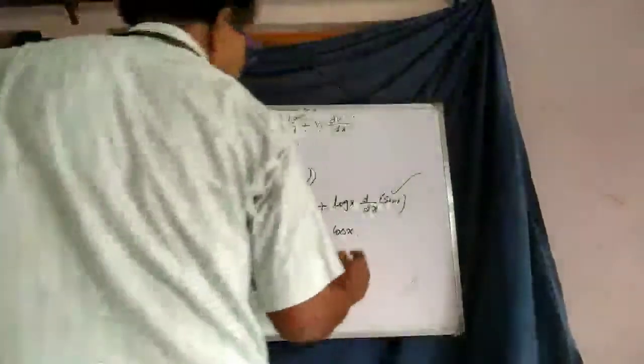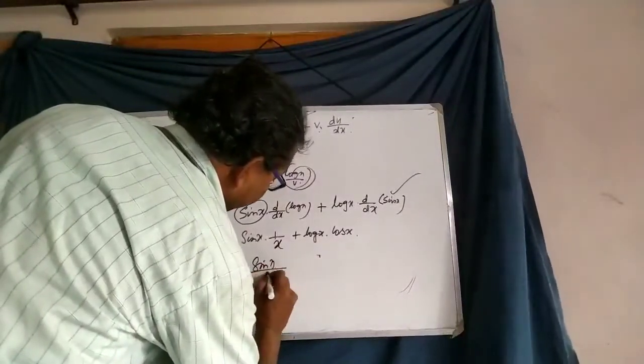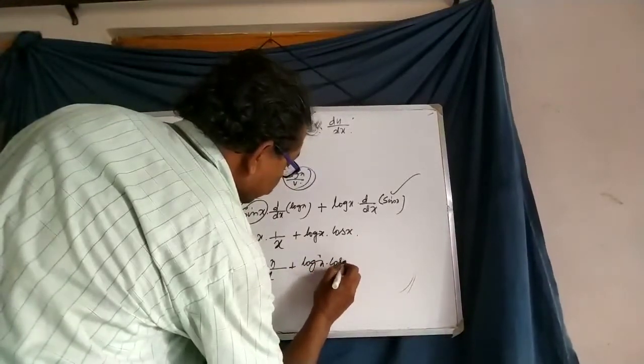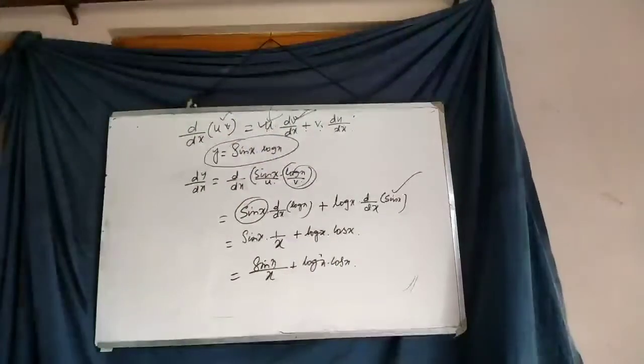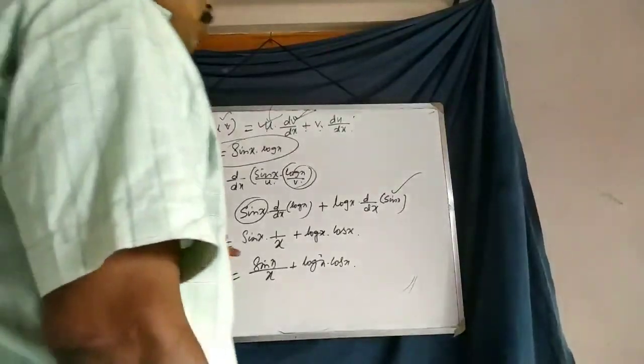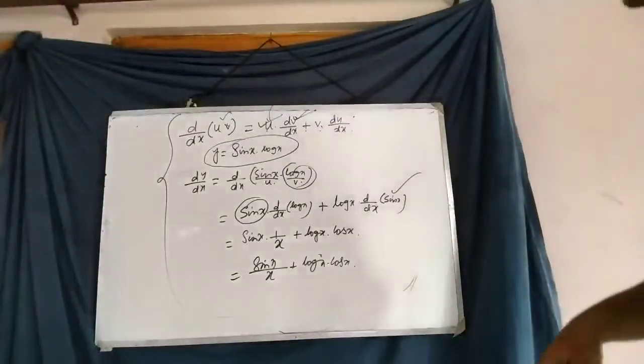Ultimately we will get this result. Therefore, the answer is sin x by x plus log x into cos x. Very important thing: this formula you have to apply again and again in integration, differentiation, differential equations and the whole of calculus.